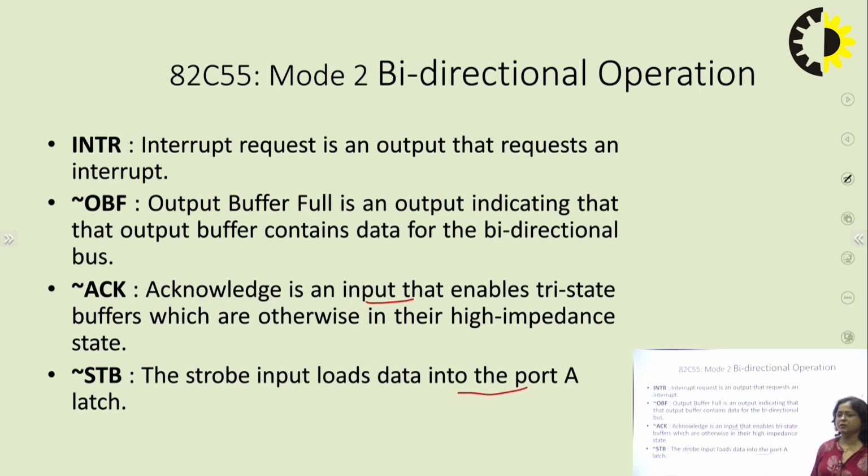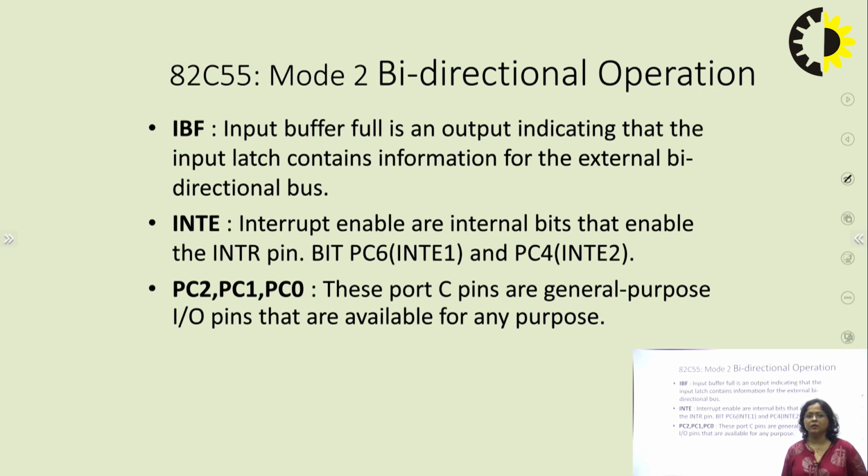Strobe input is used to load data into port A. Input buffer full is an output which shows that the input contains information. INTE, that is interrupt enable, are internal bits that enable the INTR pin. And PC0, 1, 2 are port C general purpose IO pins that are available for data transfer.